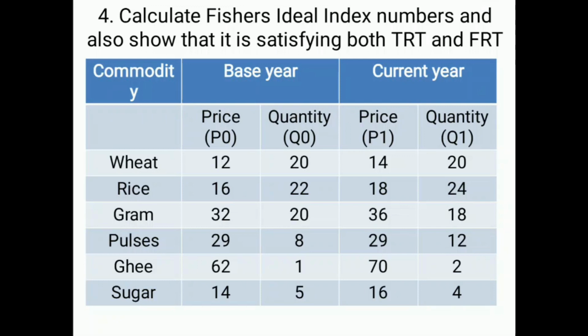So index numbers are those numbers which compare the current year's value and base year's value. Base year is a year against which the current year's price or quantity will be compared.